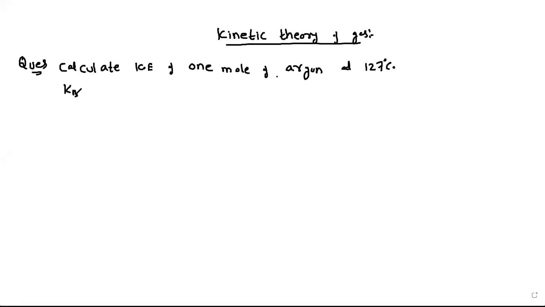Boltzmann's constant is the gas constant divided by Avogadro number, and its value comes out to be 1.38 into 10 raised to the power minus 23 joule per Kelvin. Just solve it. You have the temperature and Boltzmann's constant, and you have to calculate the kinetic energy of 1 mole of the gas.